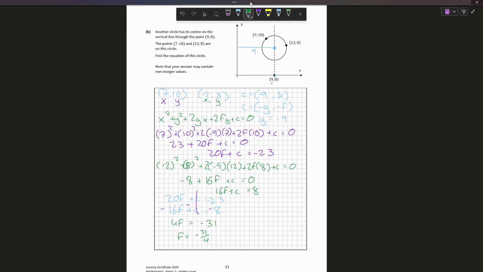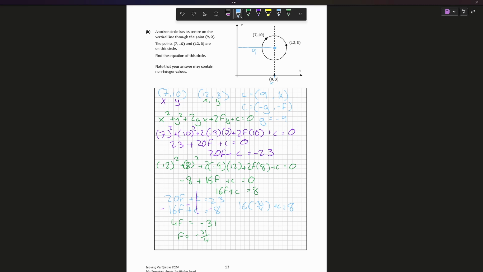Then the next bit is we'll pick one of them. So you know how it is. So 16, and instead of f, we can put minus 31 over 4, plus c equals 8. And then we can do 8 minus 16 multiplied by the minus 31 over 4.